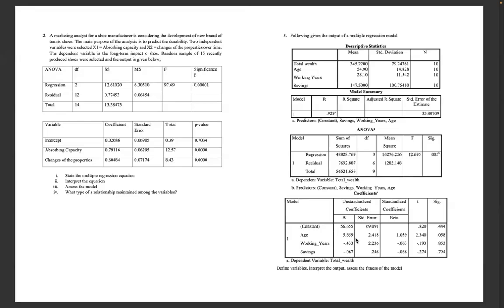Then we can interpret the coefficients one by one. That is the coefficients of the regression model.